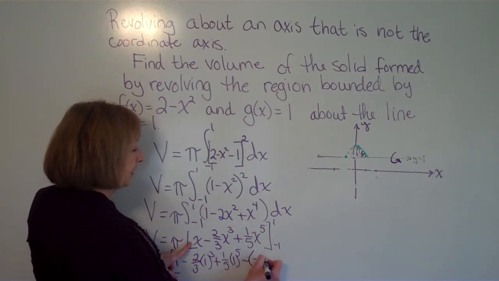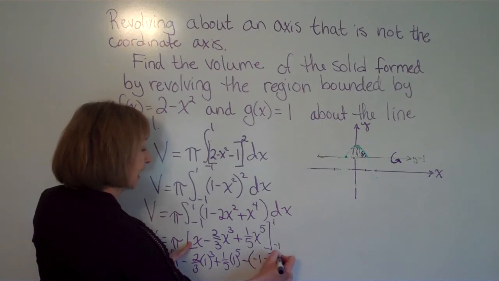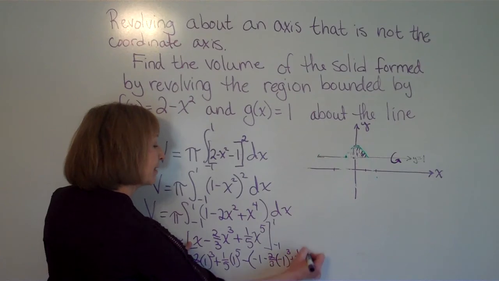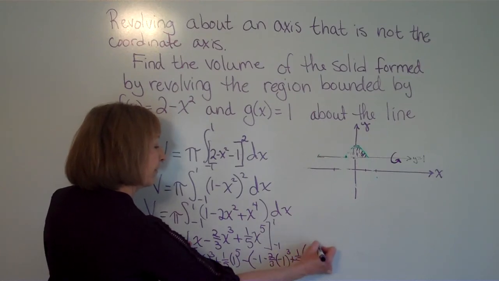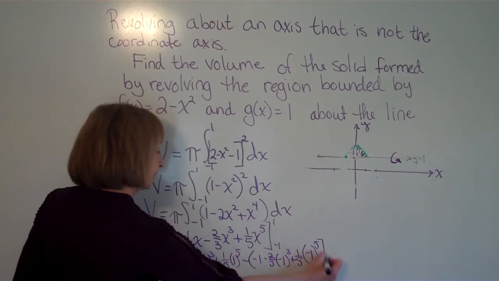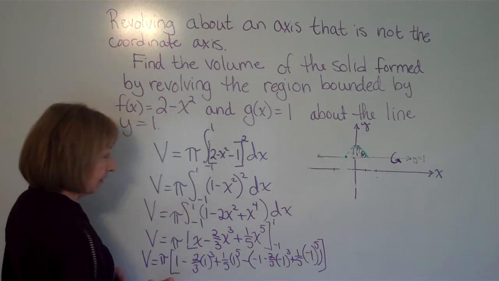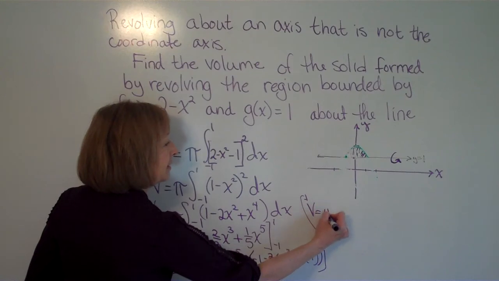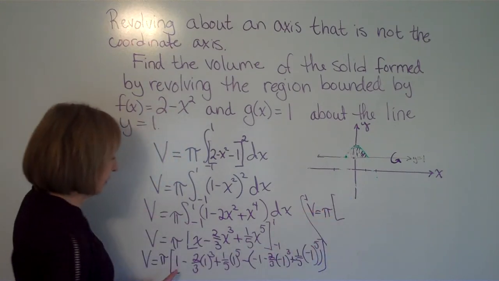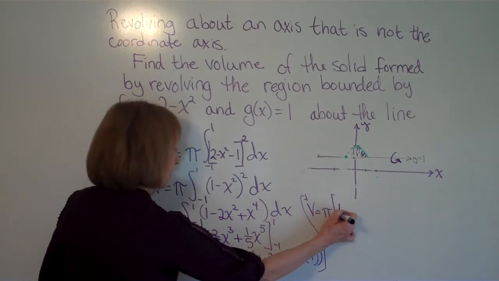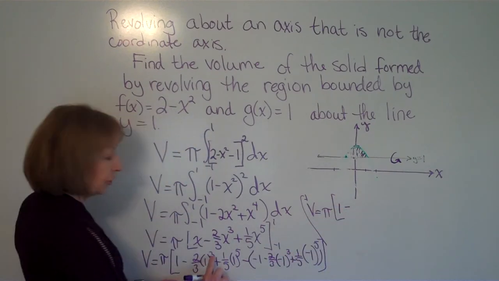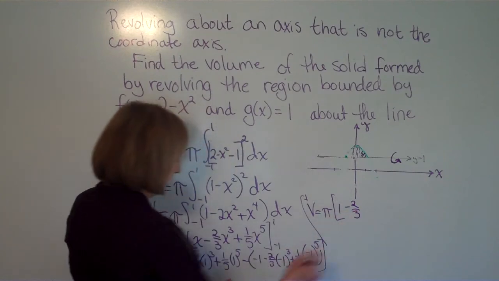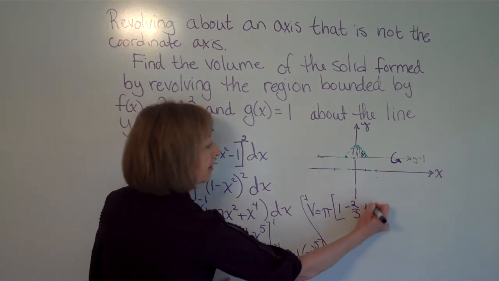So -1 minus 2/3 times -1 cubed plus 1/5 times -1 to the power 5. So then our volume is pi times, so this will be 1 minus 2/3, then plus 1/5.